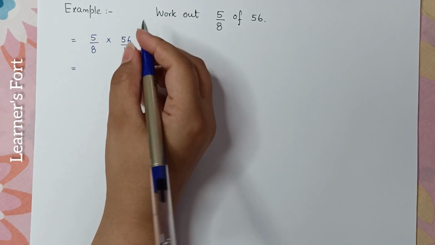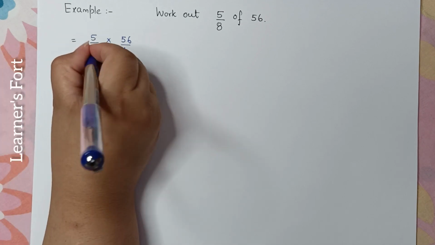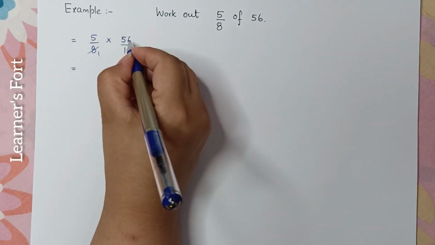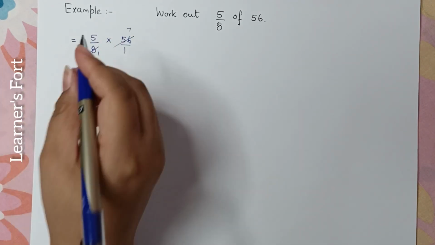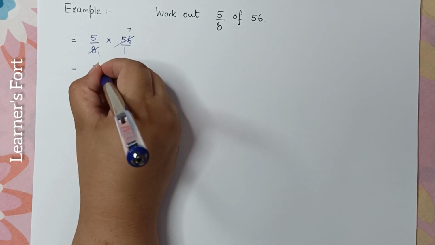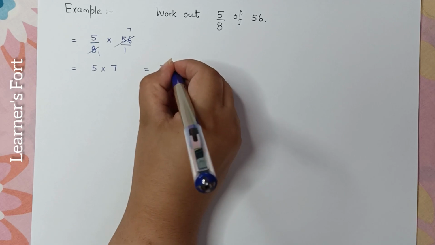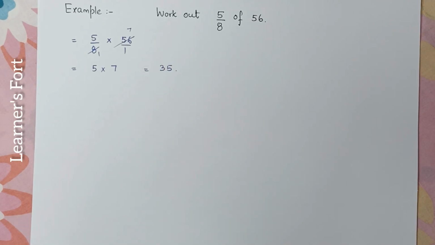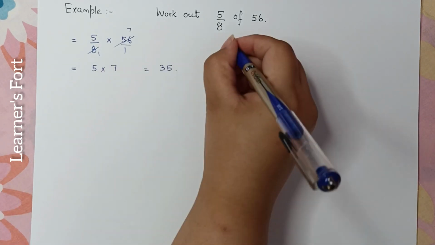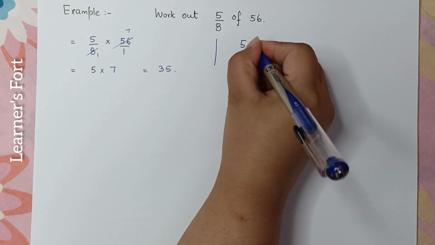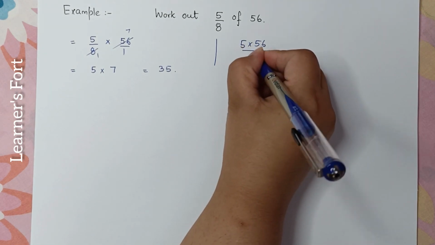So in this case, we can divide. 8 ones are 8, 8 sevens are 56. We are left with 5 multiplied by 7, which is 35, right?